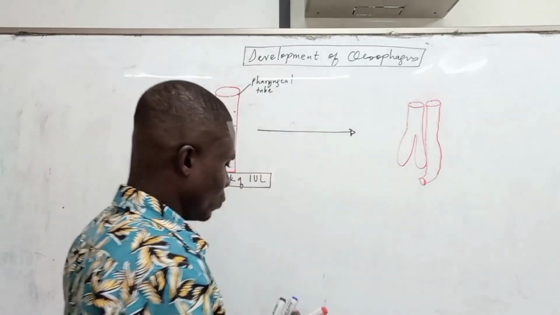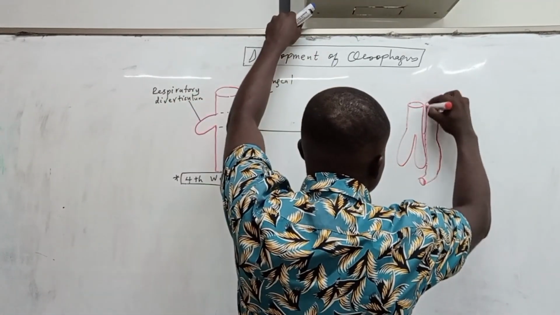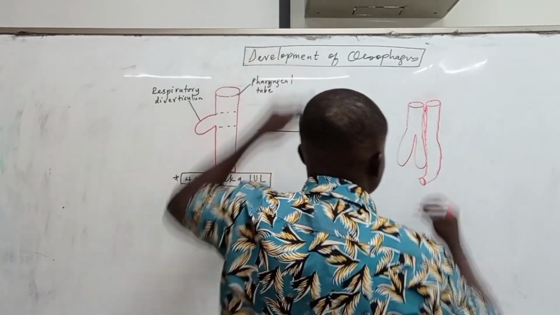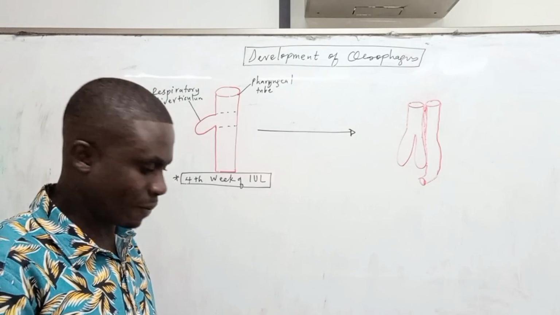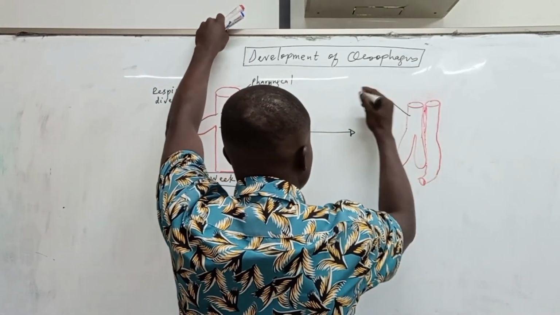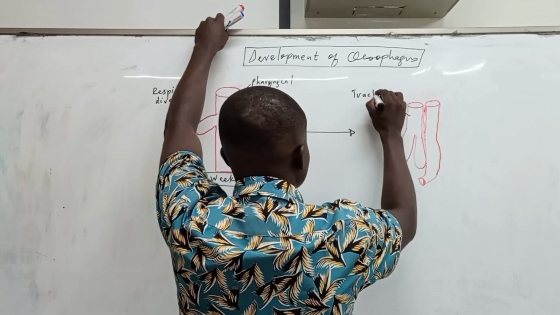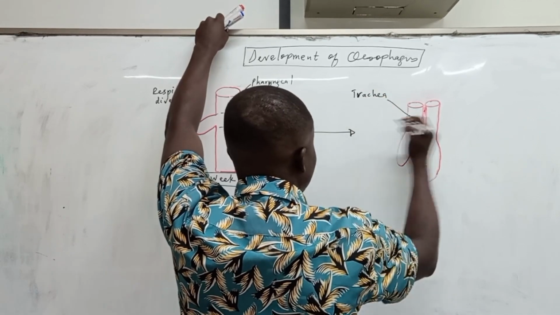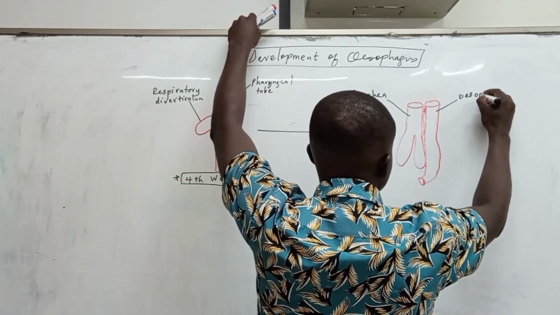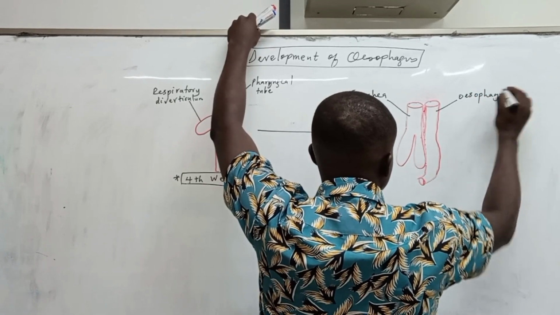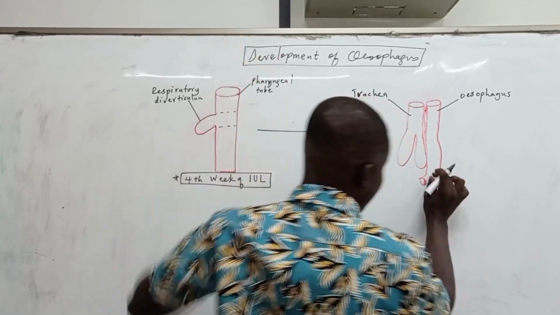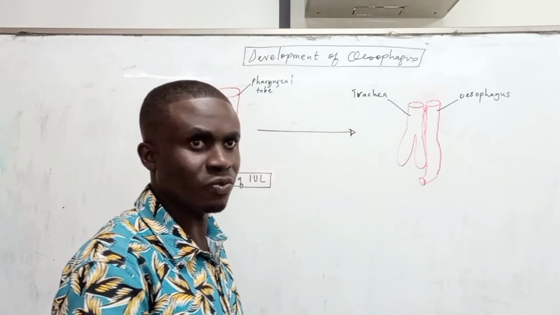So what I'm trying to say is that there is a septation taking place over here. My friends, this one is going to form your trachea, and this is the oesophagus. Eventually the stomach and the proximal portion of the duodenum will be formed over here.